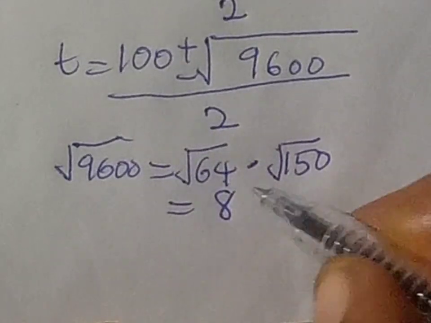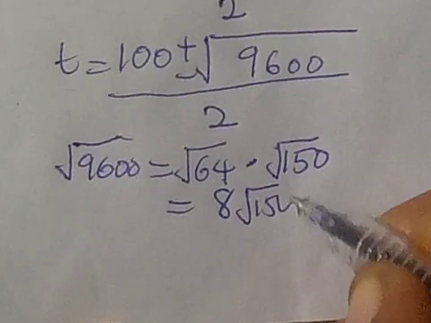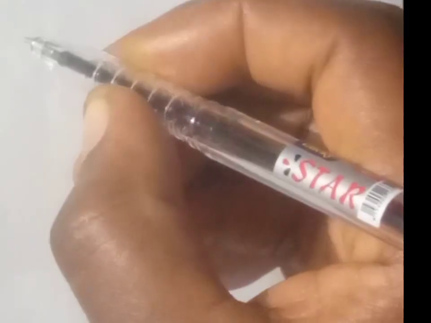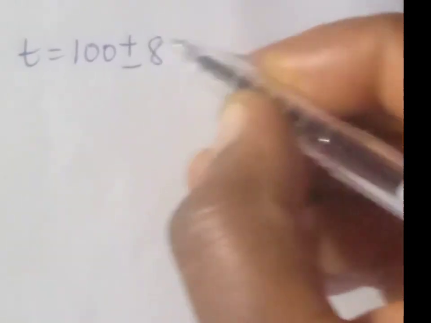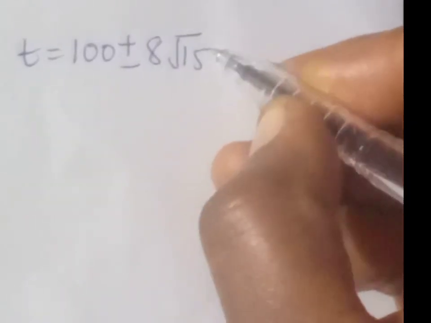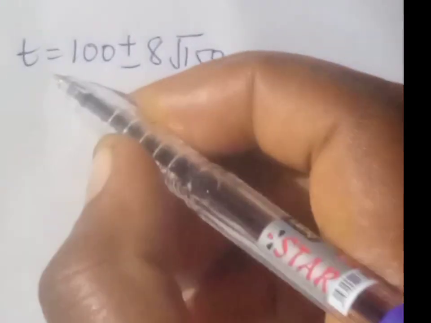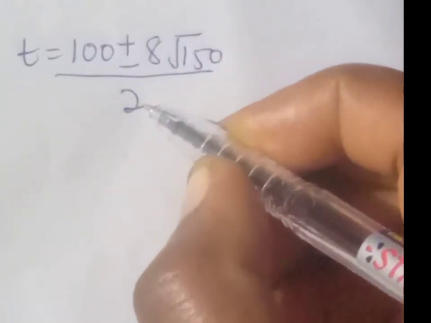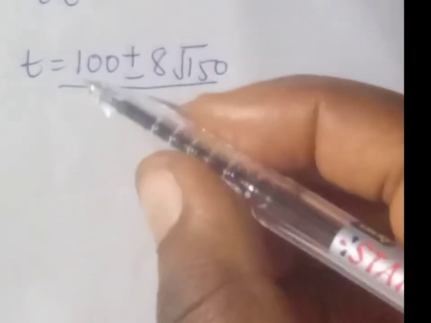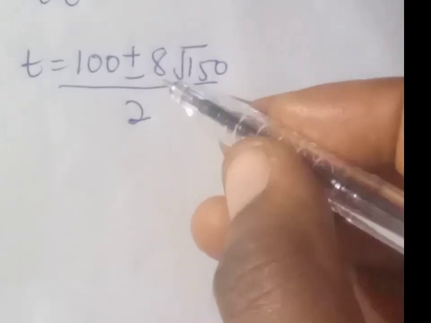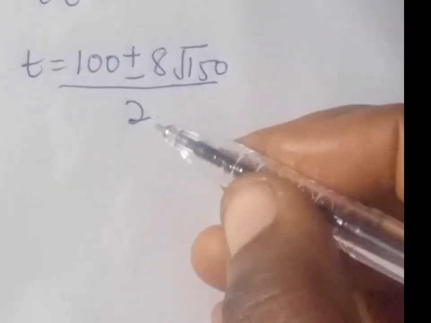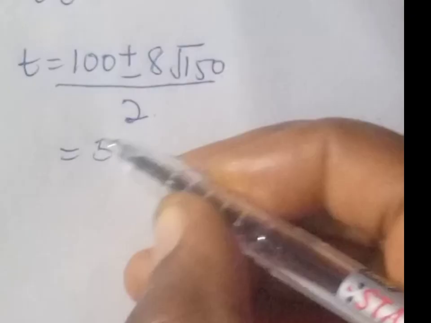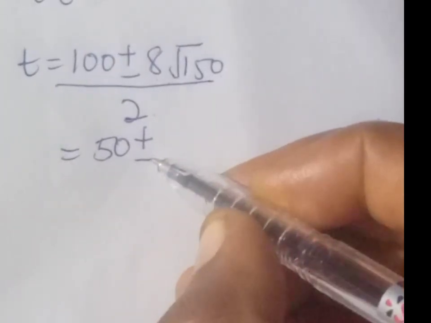So we have 8 root 150. So our t equals 100 plus or minus 8 root 150, divided by 2. Now let's do our division. Let's divide 100 plus or minus 8 root 150 divided by 2, which will give us 50 plus or minus 4 root 150.